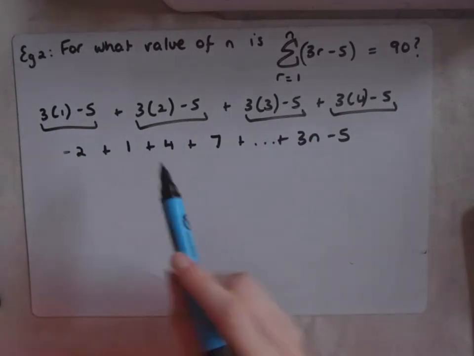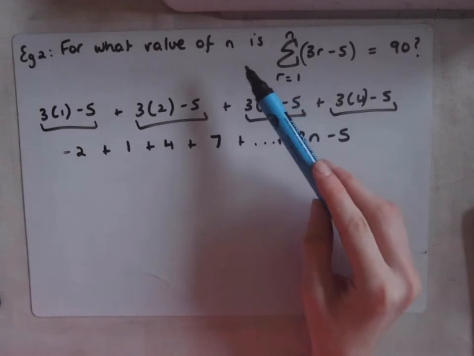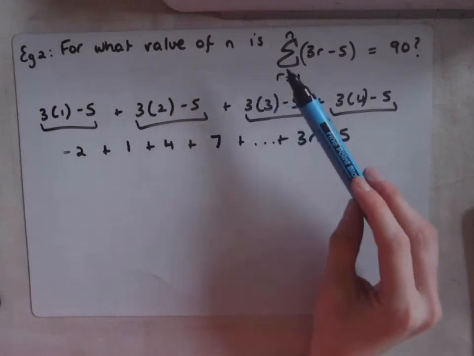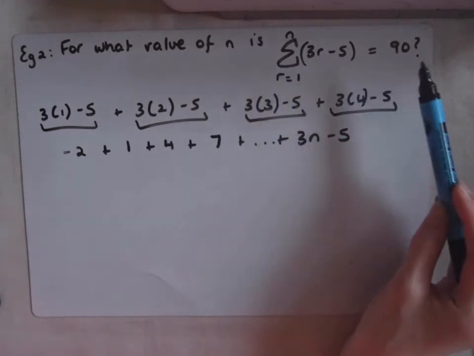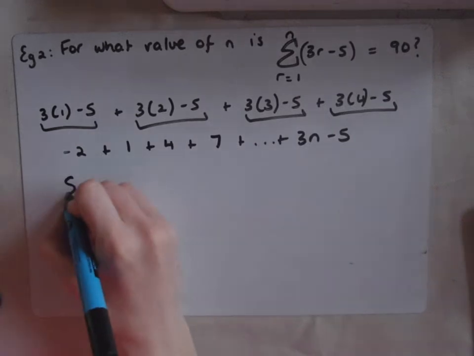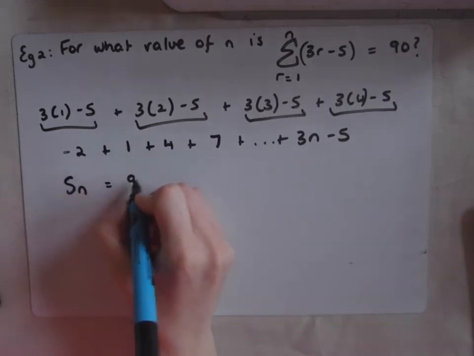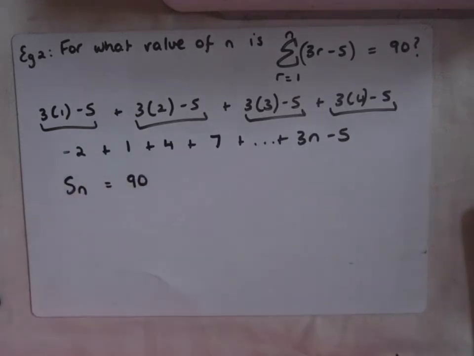So the question is, for what value of n, so basically find n, is the sum equal to 90? What that's telling me is Sn equals 90. Just like one that we had for homework, we need to find what value of n gives our sum equal to 90.